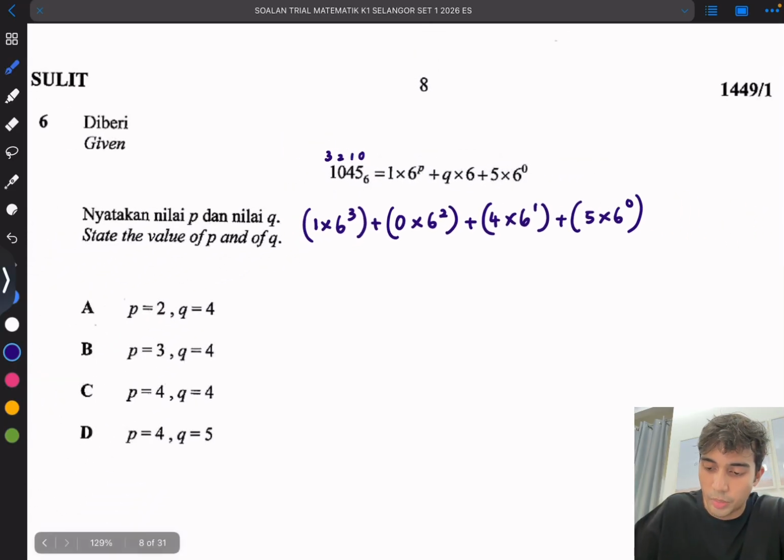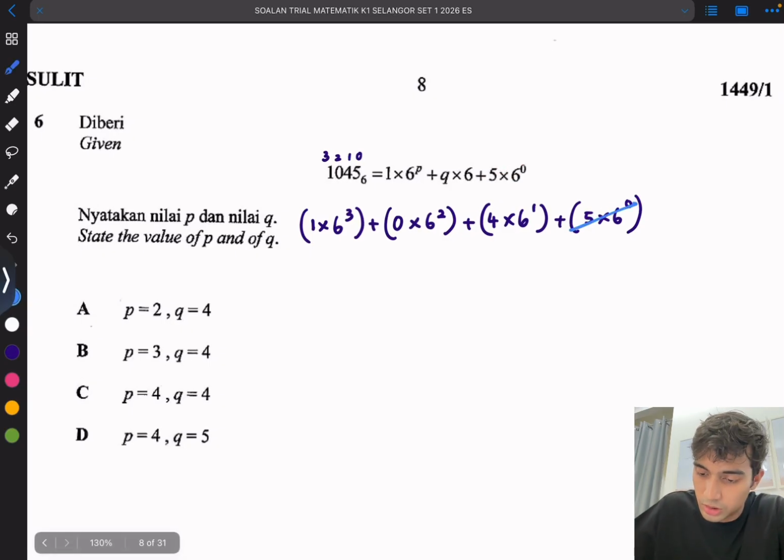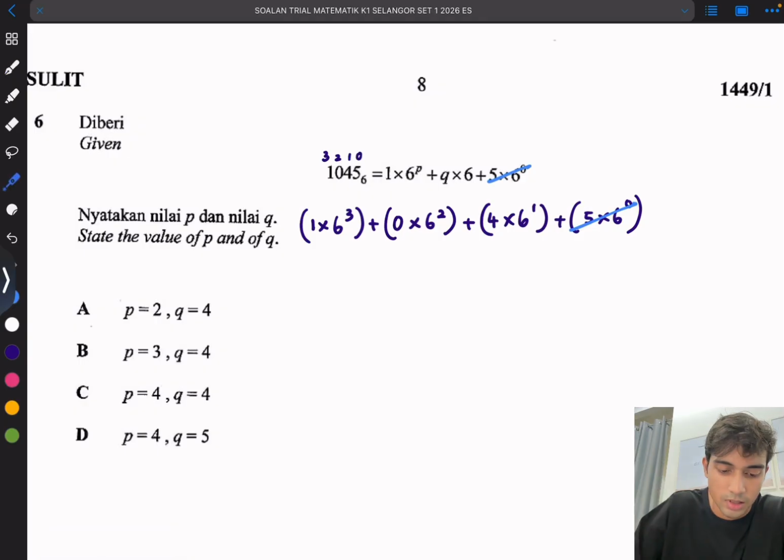Okay, now we compare. 5 times 6 power 0 already here. Okay, we cut. Then we have 1 times 6 power p. 1 times 6 power 3. That means we can say p is 3. This one. Okay, settled. And then we have these two.